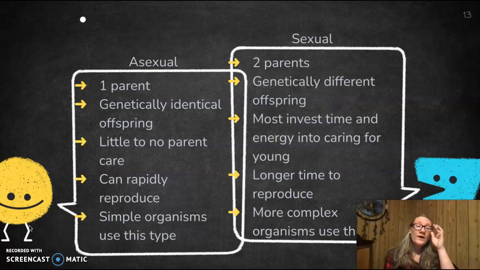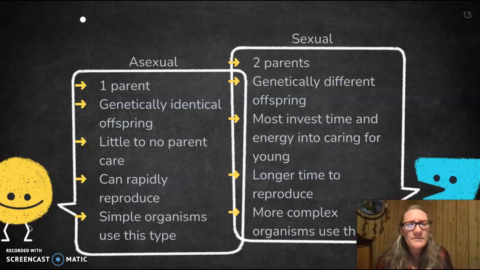So, one advantage of asexual reproduction would be they reproduce very, very quickly. So you can create a whole bunch of them in a very short amount of time. In the video, I mentioned some types of bacteria only take 20 minutes to replicate.